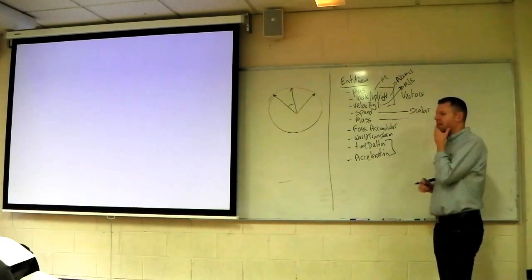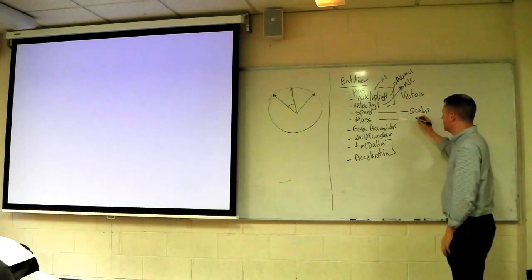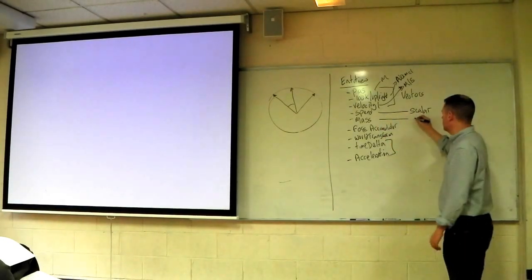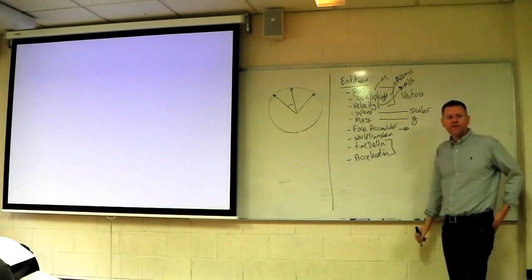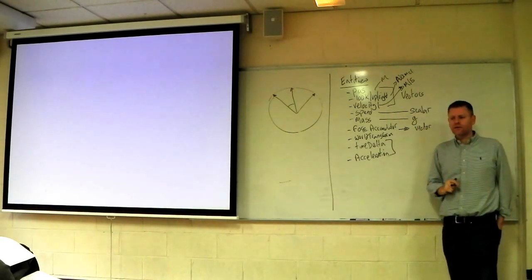What about mass? Scalar, vector? Scalar. And its unit of measurement? Grams, kilograms, things like that. The force accumulator, scalar, vector? It's a vector as well. And the unit of measurement for the force accumulator?